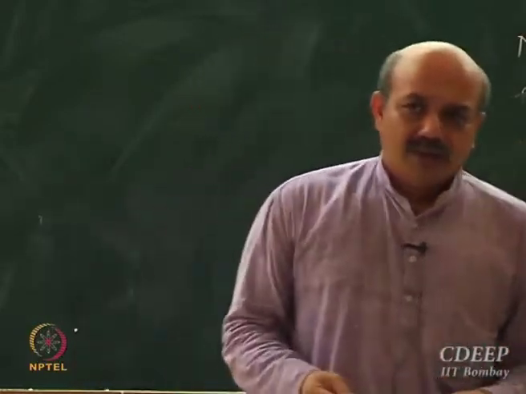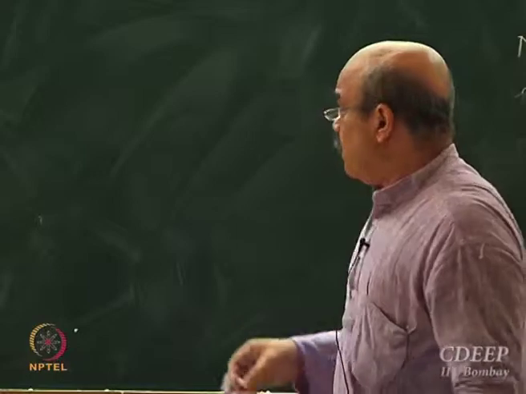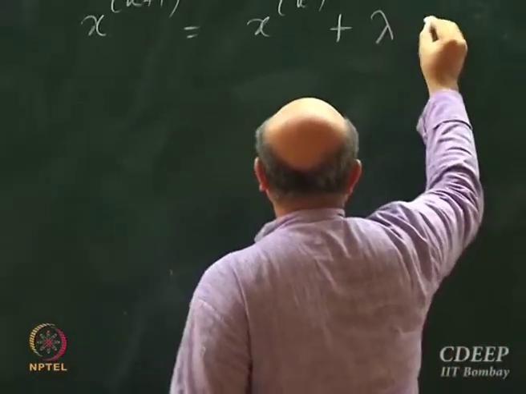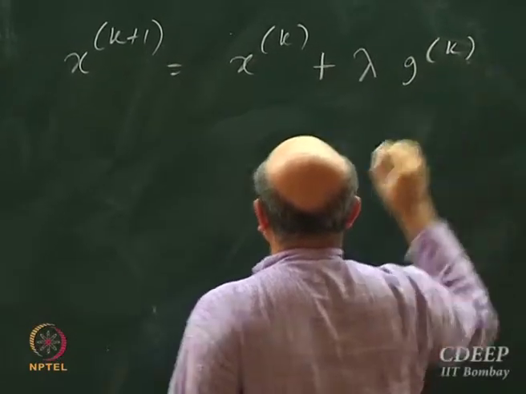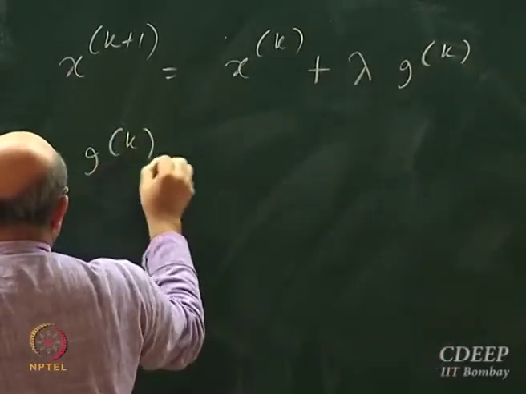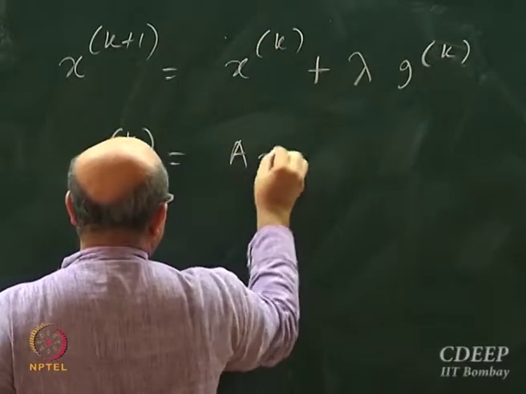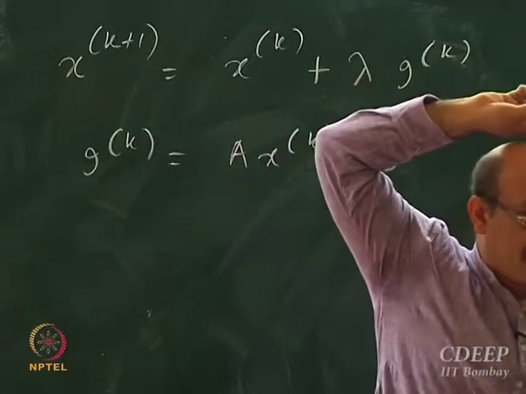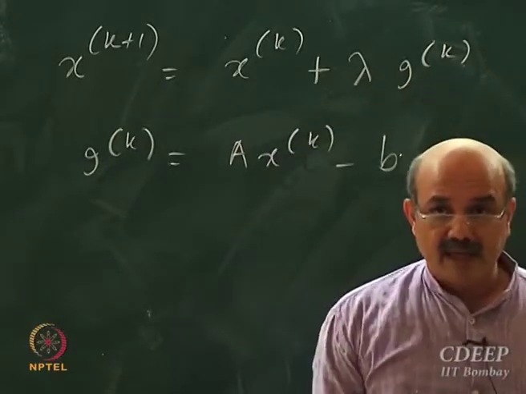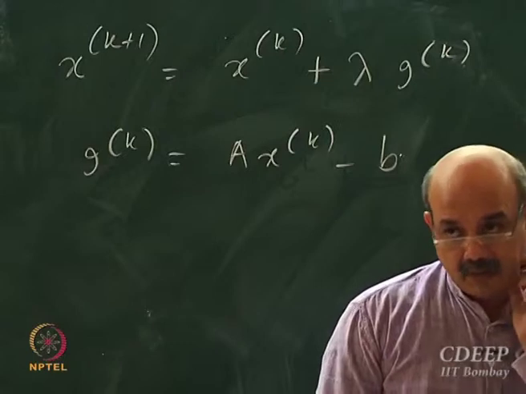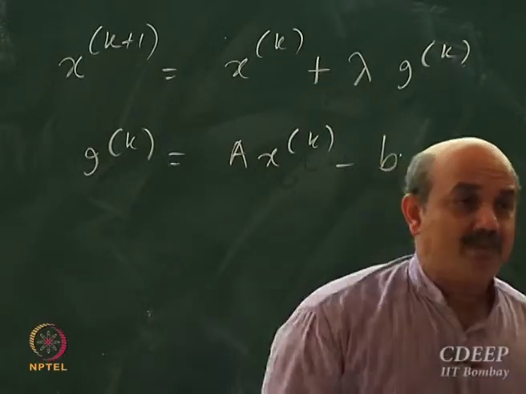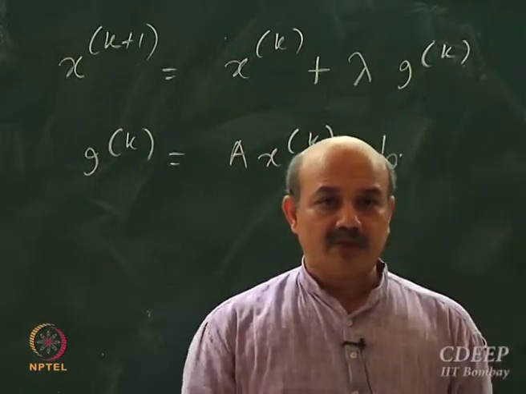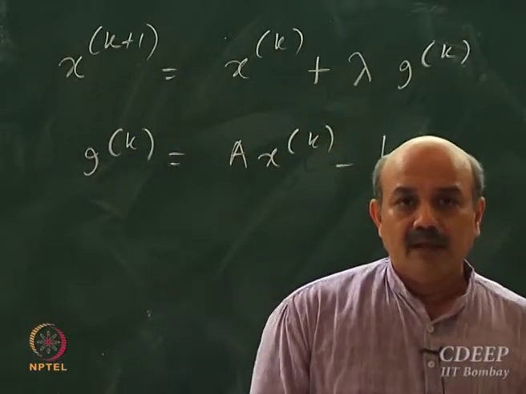So I can say that I want to move now in the direction lambda gk, where gk is Axk minus b. Now you want to do the step length minimization. Can you solve it? Just try it.